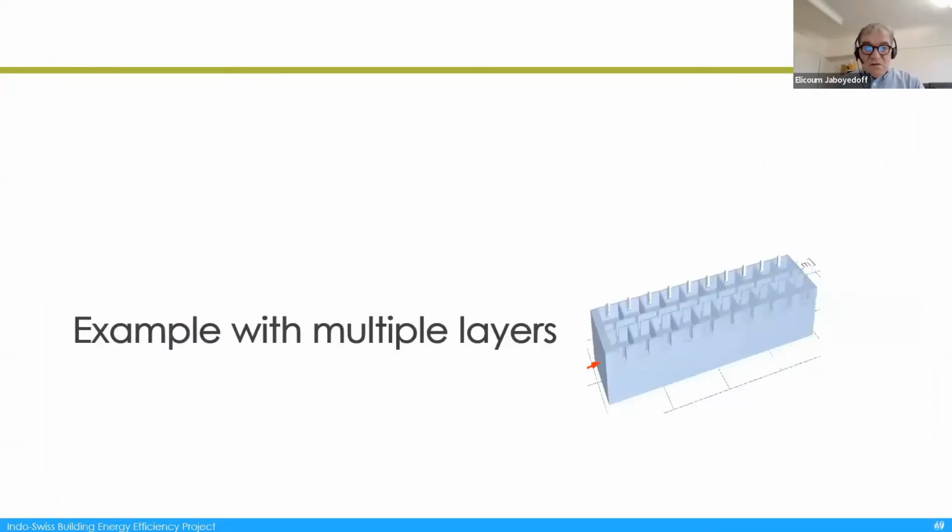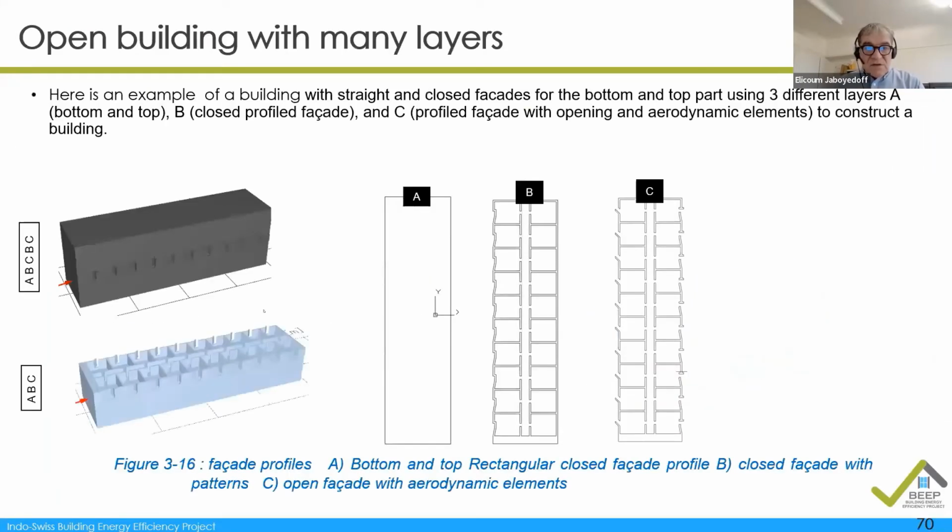We just saw an example to explain this approach, so that you have the typical block that represents the bottom of the building. Then you have the closed facade with patterns, which is on this B level, so to say. And then the C typology is above this, and that's where you have this opening.